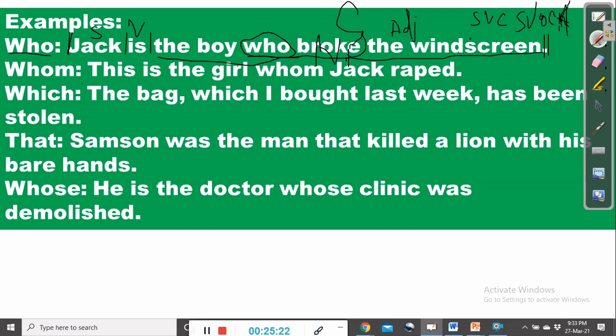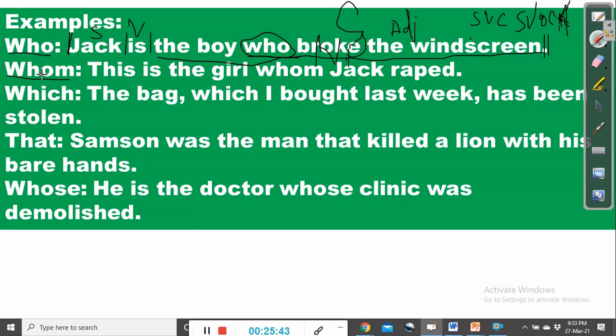Now let's look at the second one, which is introduced by the relative pronoun whom. I want you to understand the difference between who and whom. Who is usually used as a subject in a sentence, while whom is used as an object.